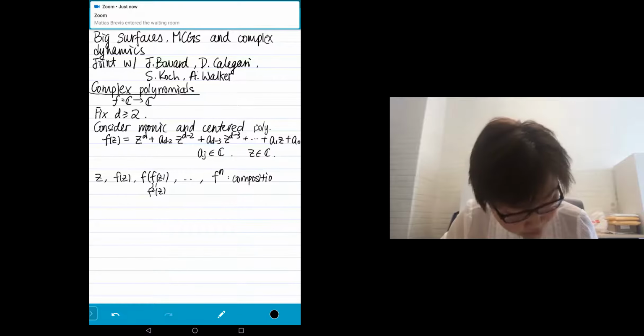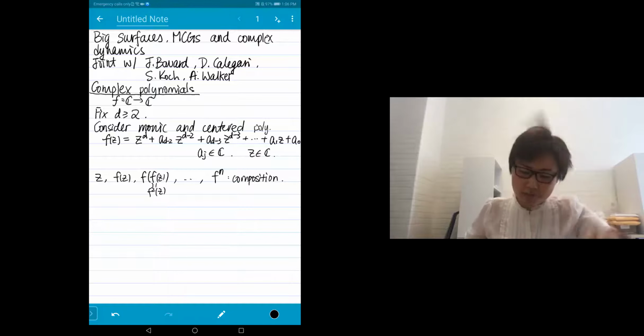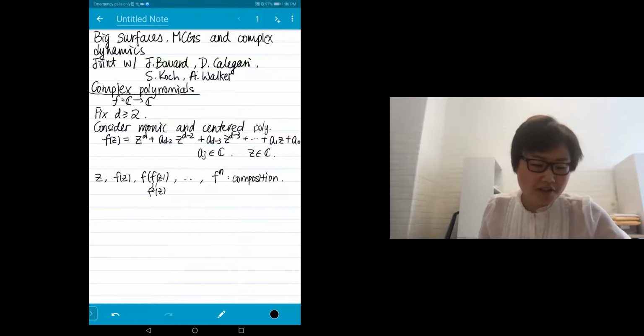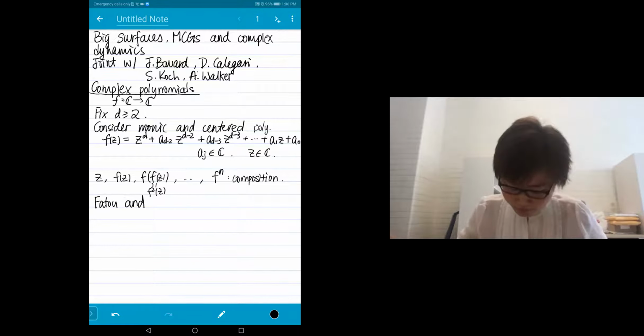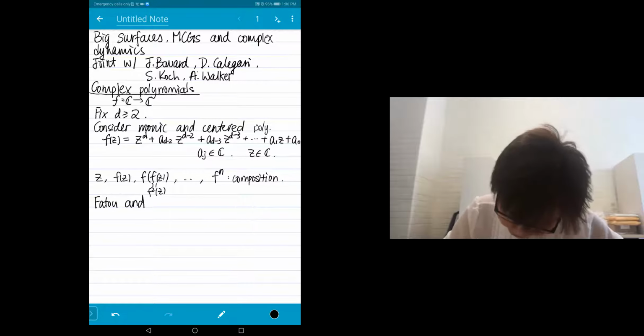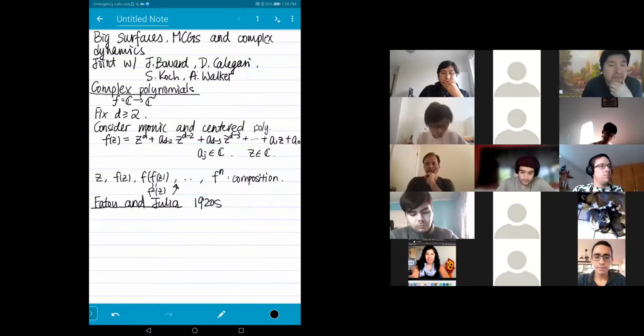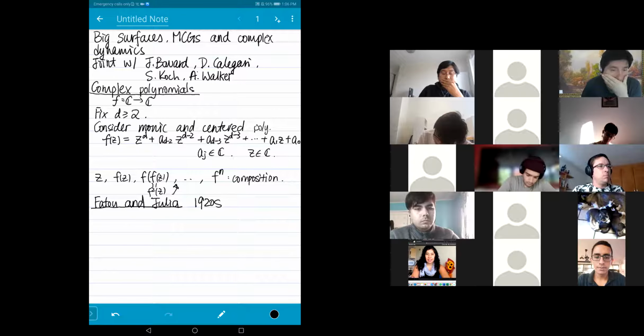Complex dynamics started about 100 years ago, in the 1920s, with Fatou and Julia, where they examined points in the complex plane for sequences like this. Their contribution is what we call the Fatou set and Julia set nowadays.